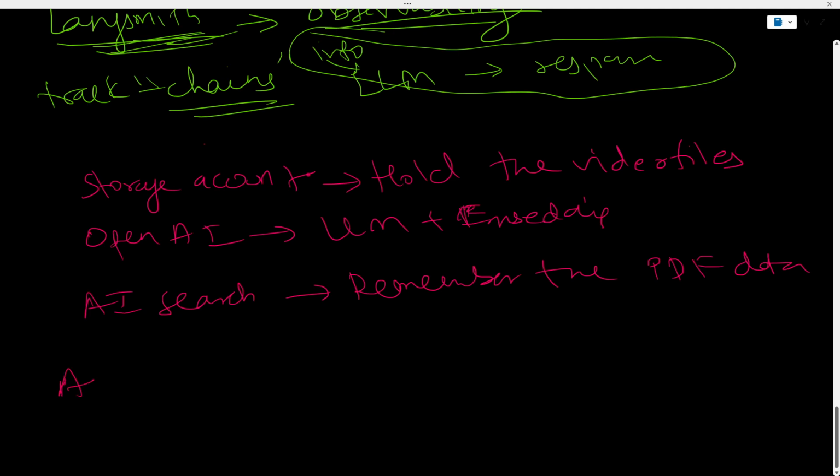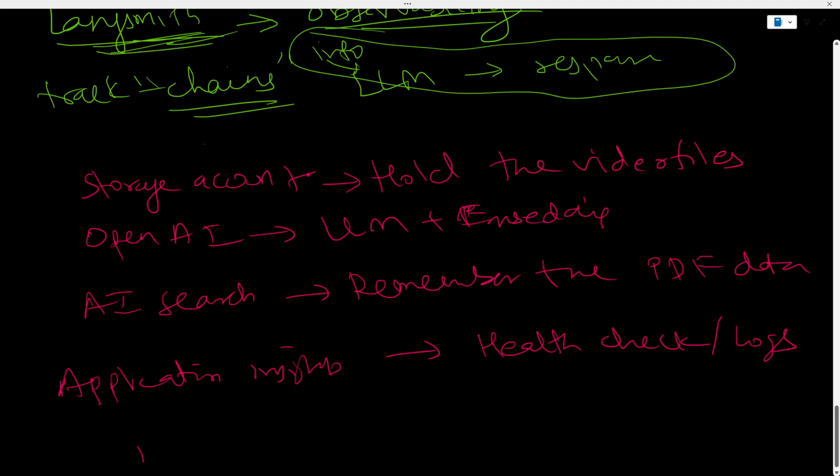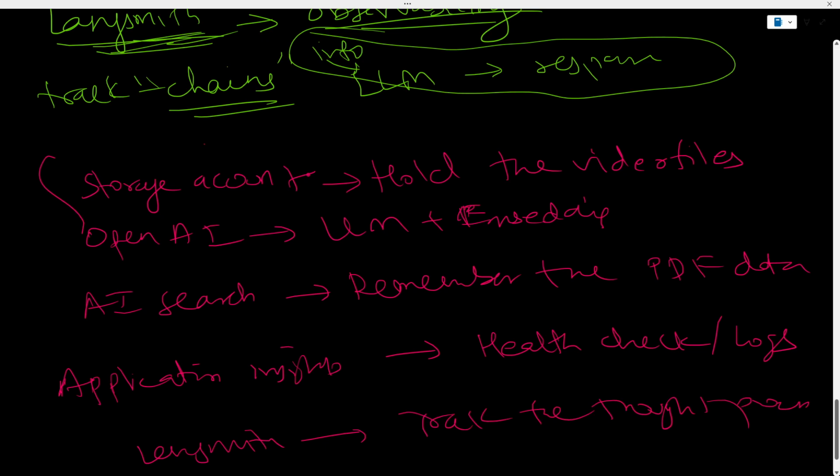And then we have Azure Application Insights, which is going to perform monitoring, health checks, logs, all of that. And then I also have LangSmith, which is going to track the thought process of my agentic workflow. So these are the components that we will be using throughout.